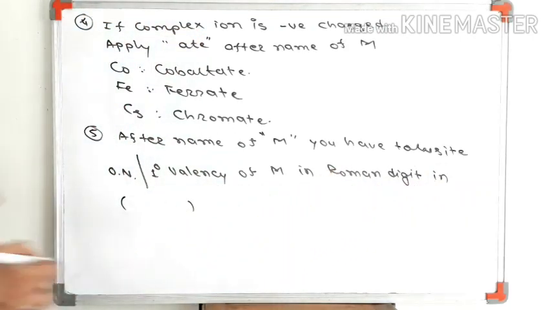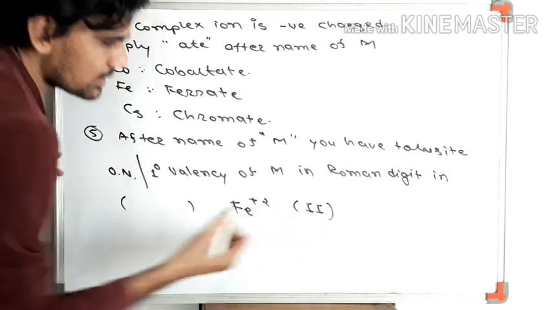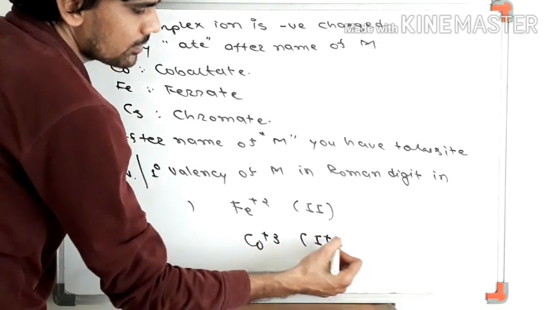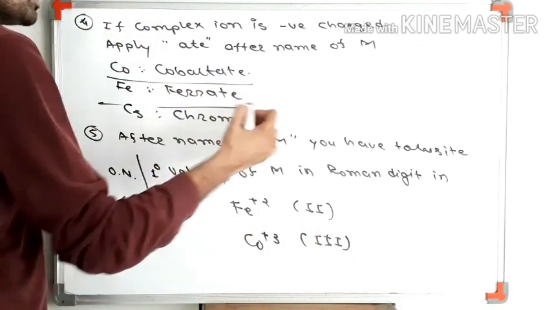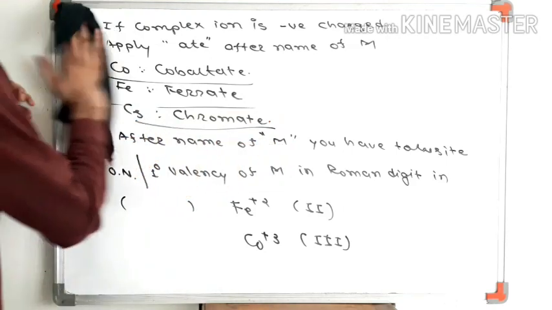Is it clear? As an example, Fe plus 2, you have to write like this. Like if cobalt plus 3, you have to write this after the name of metal ion. Next one.